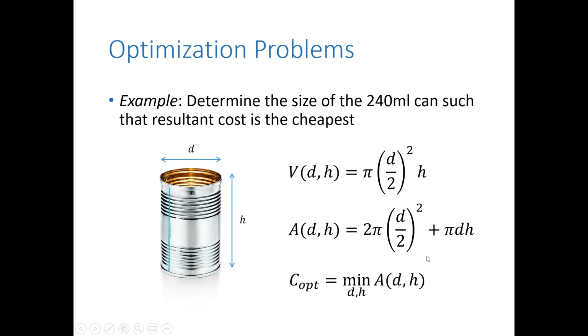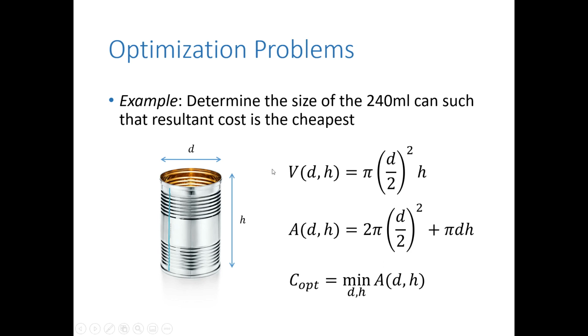The area is given by this equation, and we can assume that the cost to produce a can is related to the area. So our optimization problem reduces to this: find the diameter and height of a can such that the area is minimized, because we assume that the cost is proportional to the area.